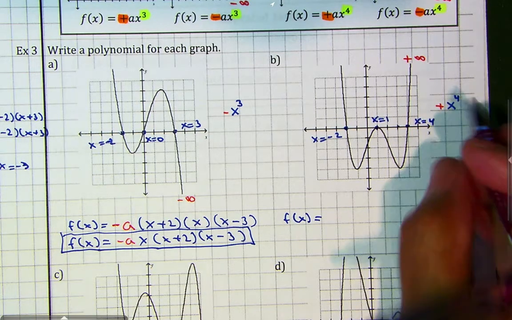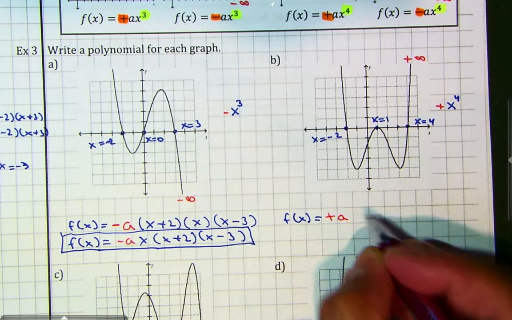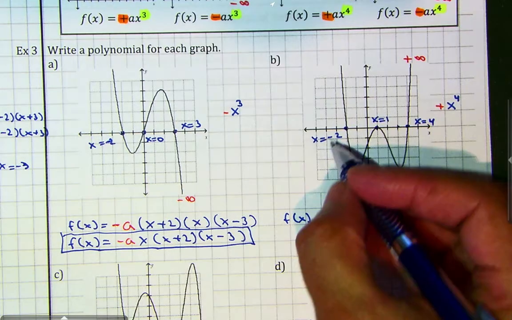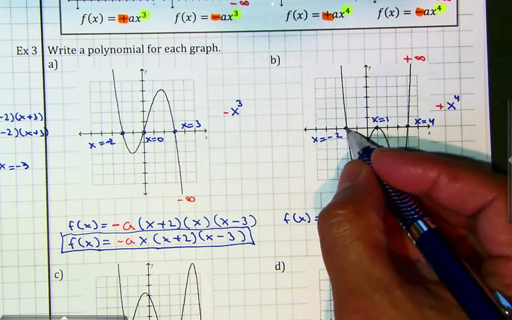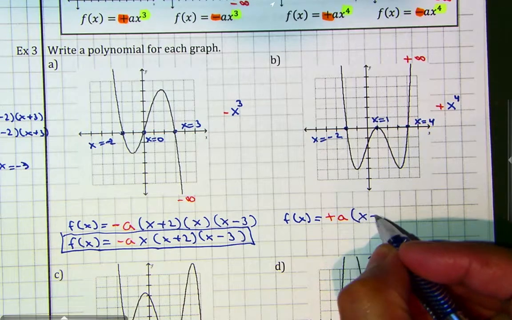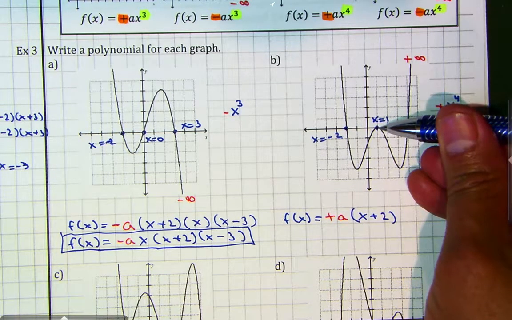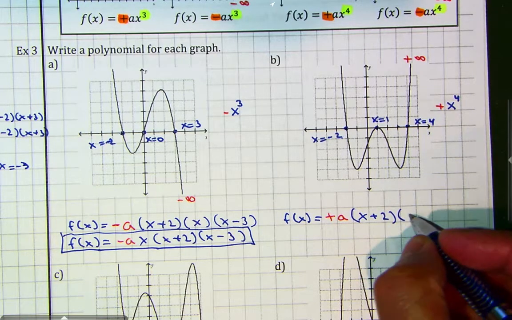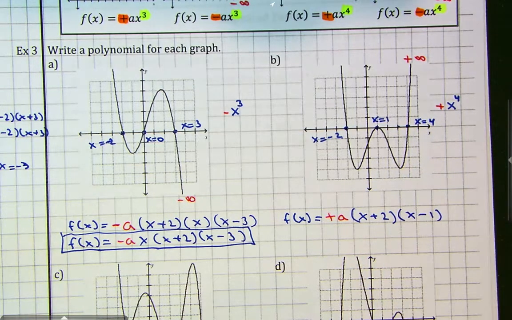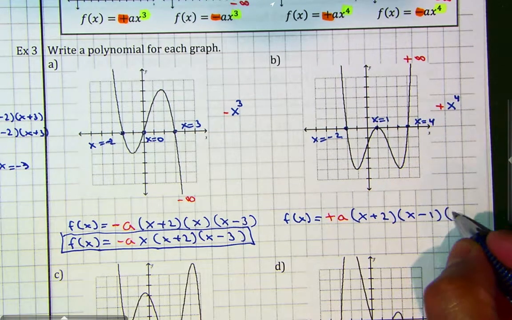It's a positive leading coefficient, so we're going to place plus a. This is x equals negative 2 is the x-intercept, so the factor will be x plus 2. This is x equals 1, so therefore this will be x minus 1. This will be x equal to 4, so therefore this will be x minus 4.